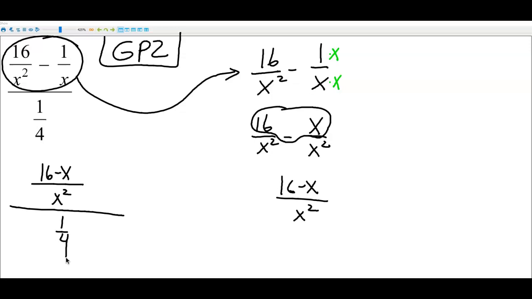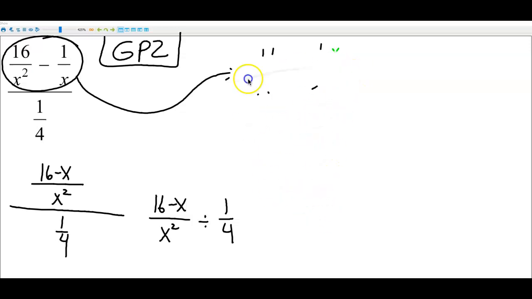Rewrite it. So we're going to do 16 minus x over x squared divided by 1/4. And then, Cynthia, what's next?